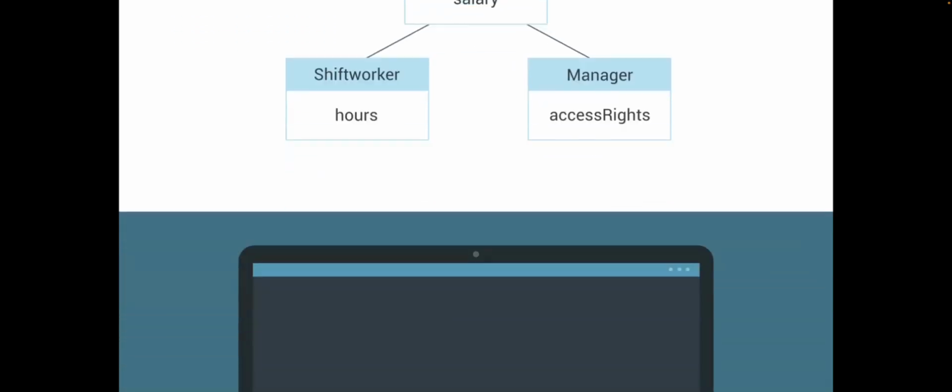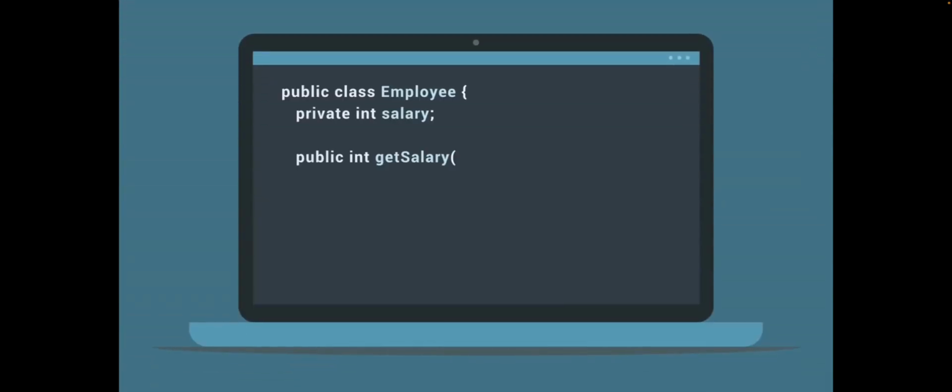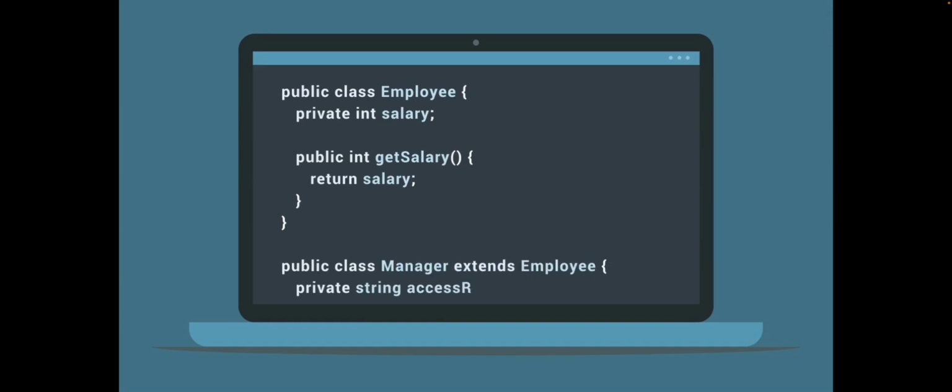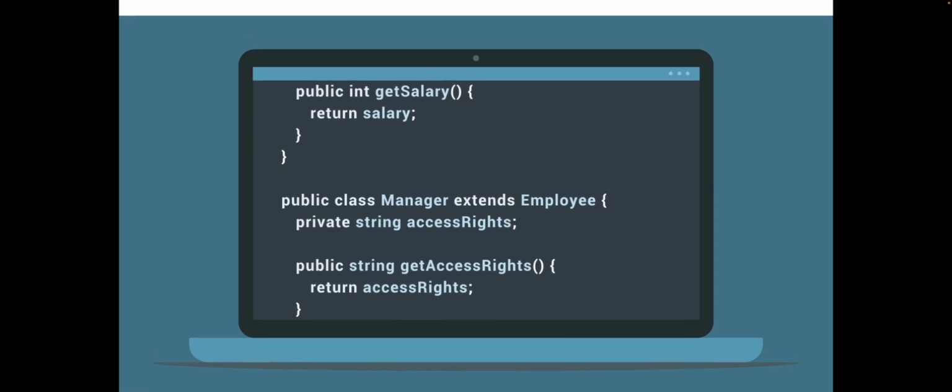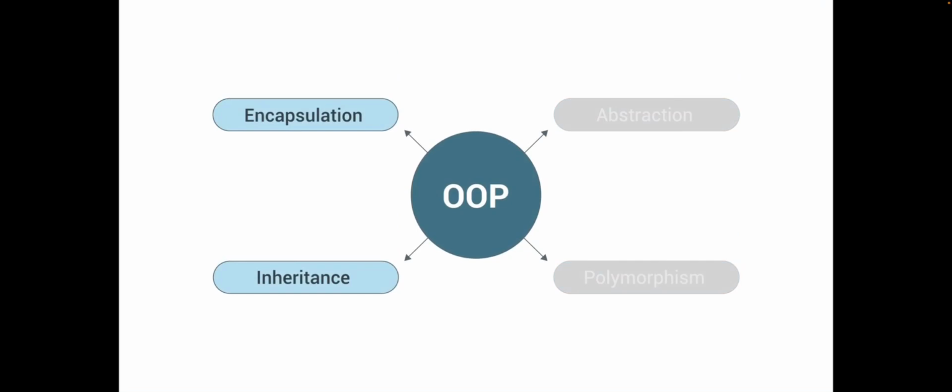In these two classes, we see how manager extends from employee. We can say that manager inherits from the employee class. Even though manager does not have its own getSalary method, it inherits that method from employee and can therefore use it. Encapsulation and inheritance are arguably the most important of the four OOP concepts for you to grasp.